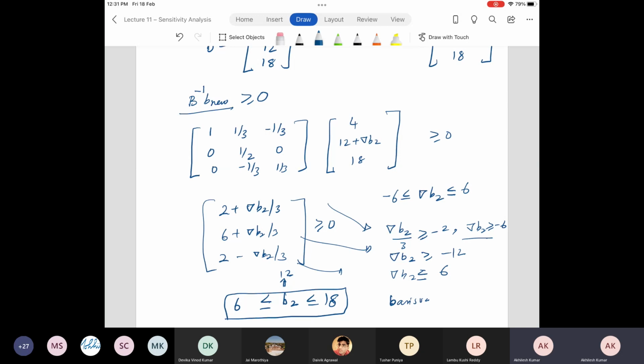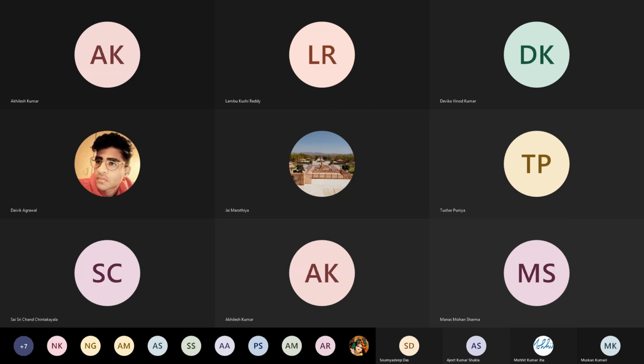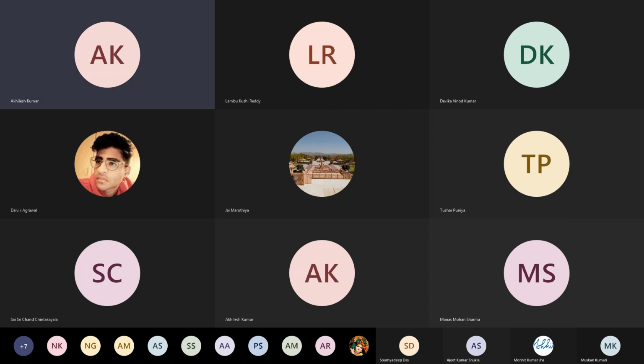I will quickly show you something. Just give me a second. Can you see the window glass problem which we have solved using Excel?